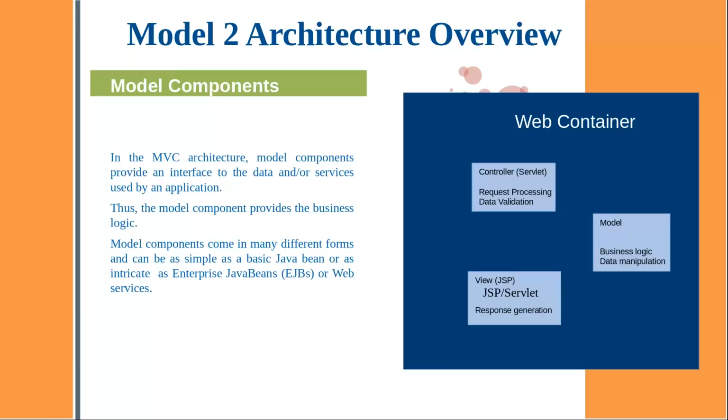Thus, the model component provides the business logic, and the model components come in many different forms and can be as simple as a basic Java bean or as intricate as an enterprise Java bean or web services. So it can be a web service, or it can be EJB, or it can be a simple Java bean. However, it will contain the business logic, and any data manipulation functions are also written in the model files, and these model files are simple Java files.